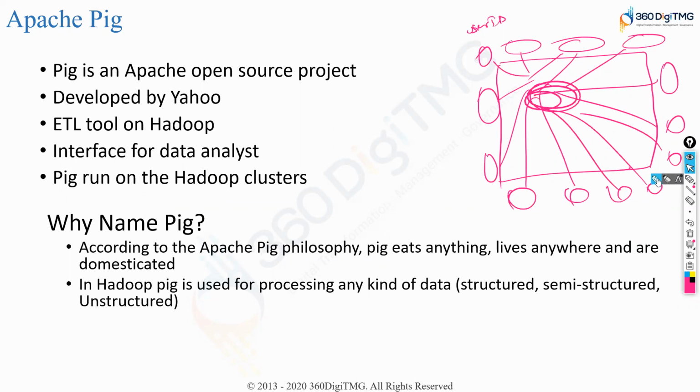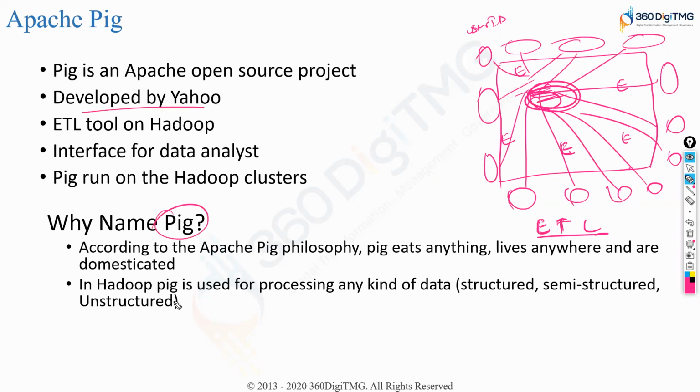So extract the data from different tools or sources, then transform it, and then load it on Hadoop, right? So in order to do this job, Yahoo developed a software.